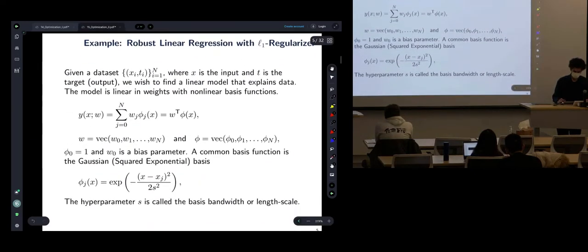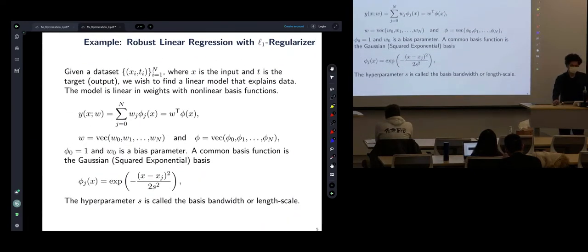Example. So we're going to go back to the same linear regression problem. In this case, the data we have is contaminated with outliers. Outliers are data points that do not agree with the underlying process that shows the trend.